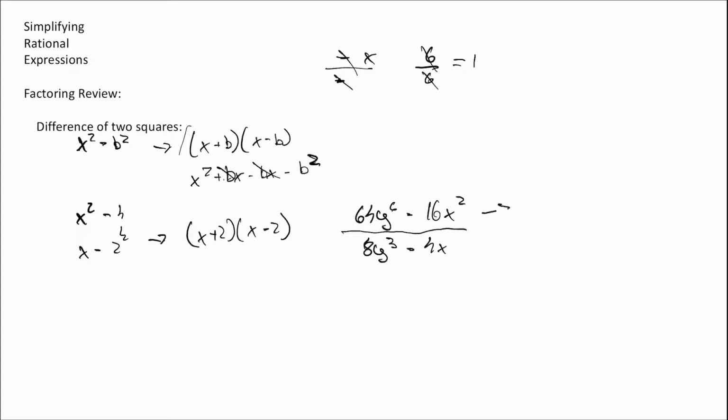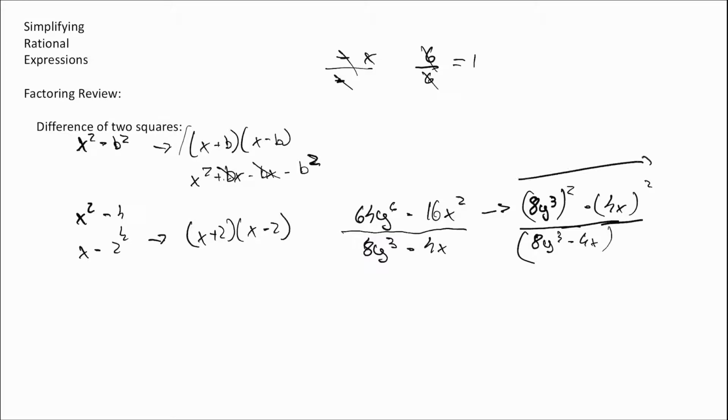So I'm going to simplify this. I need two perfect squares to use difference between two squares. So 64y to the 6th I can transform into 8y cubed squared, and then minus 4x squared, over, of course, 8y cubed minus 4x. These I can leave in parentheses.